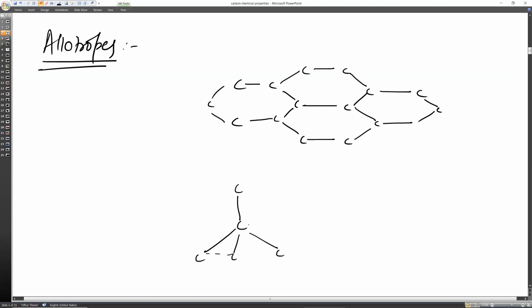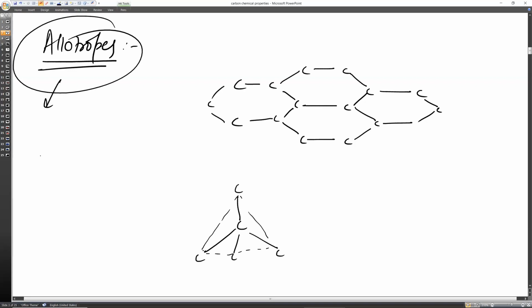So it is arranged this way. We'll talk about that in allotropes. What are allotropes? We'll say that allotropy is the existence of an element in different forms in nature due to different arrangements of their atoms.